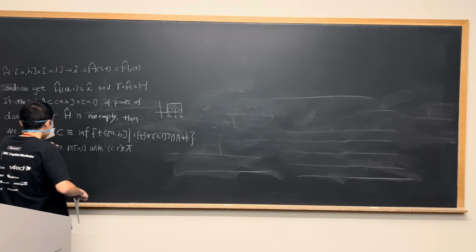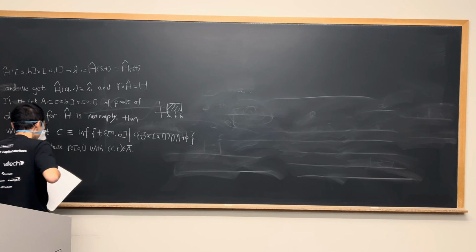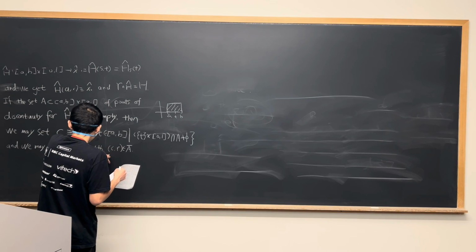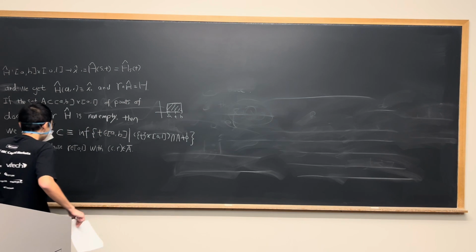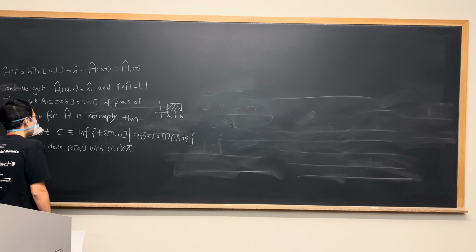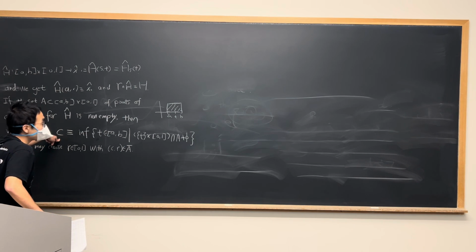So okay, let me see, and then we may choose R. Oh, I see. Okay. Because you see, this C must lie in this interval AB, right?